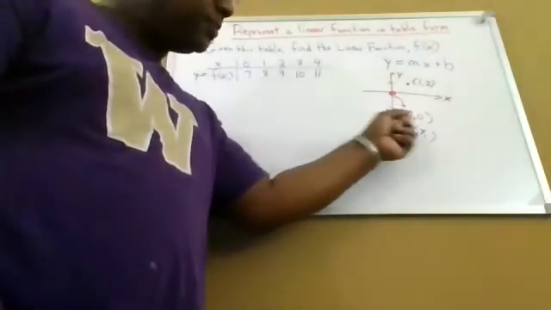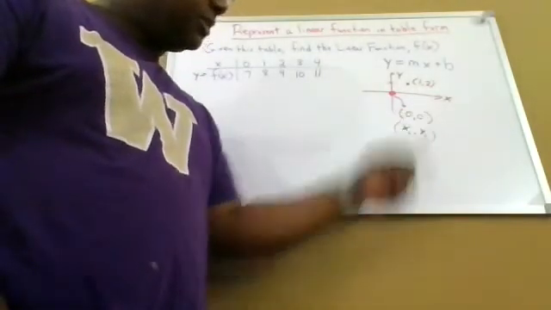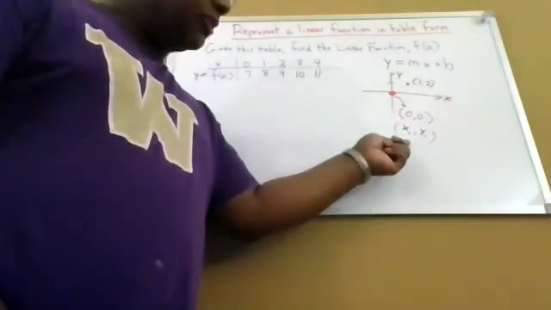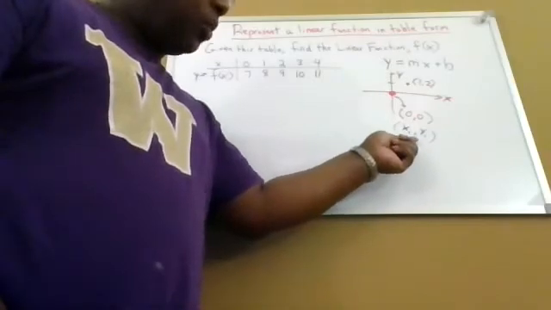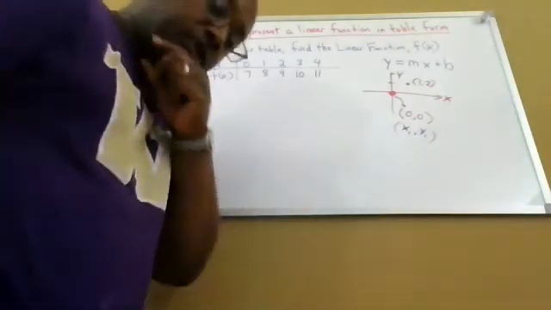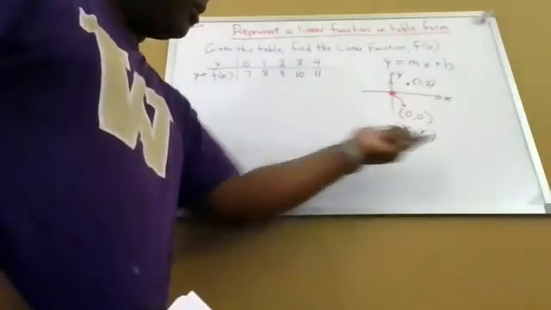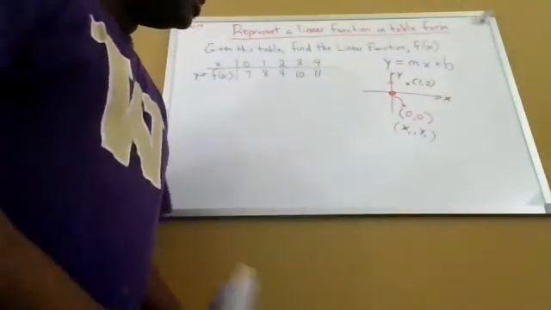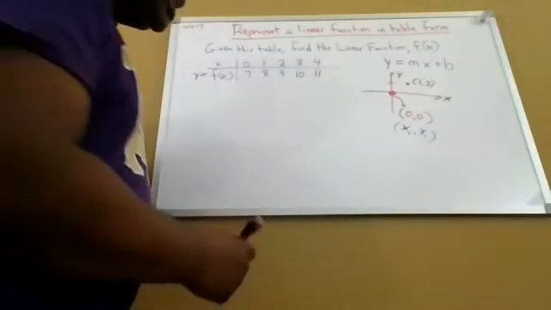Since this is my first point, 0, 0, in general, I can write that as x1, y1.